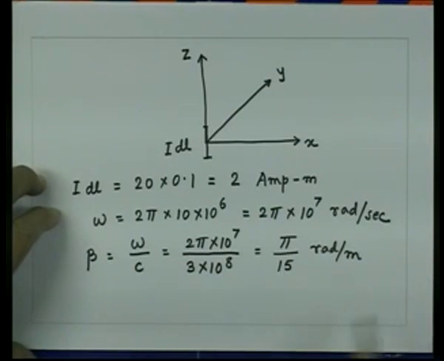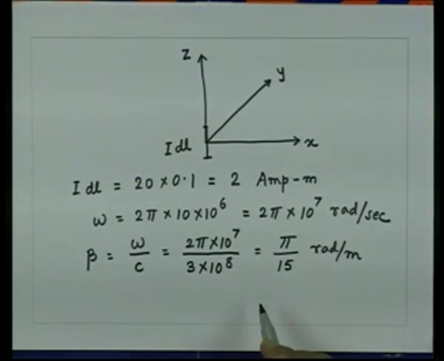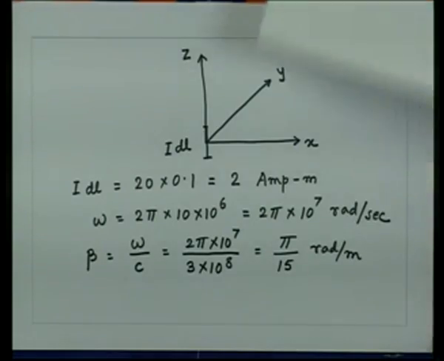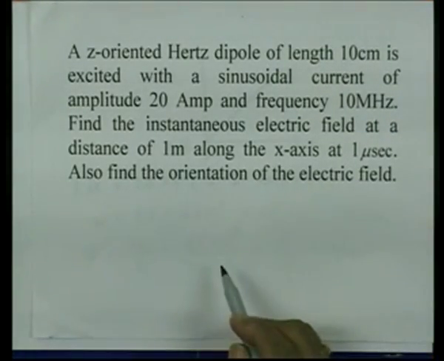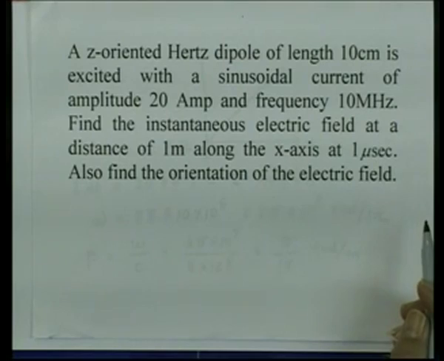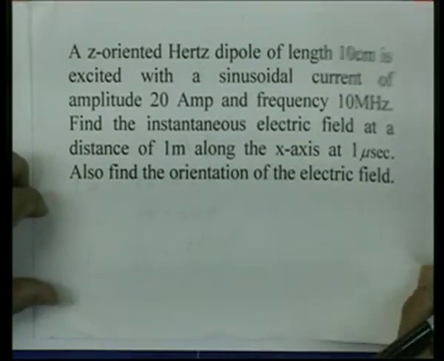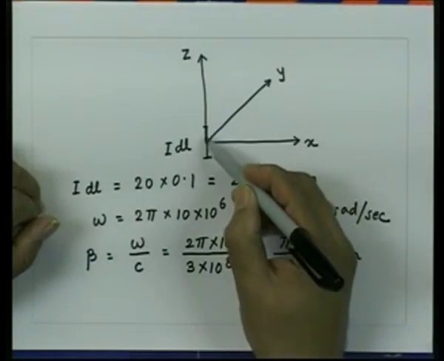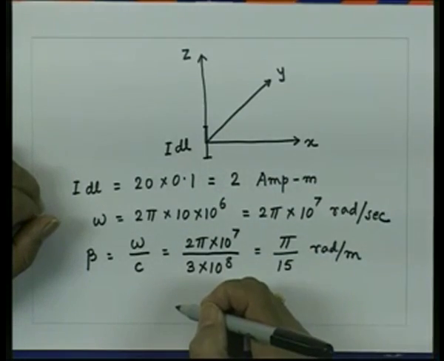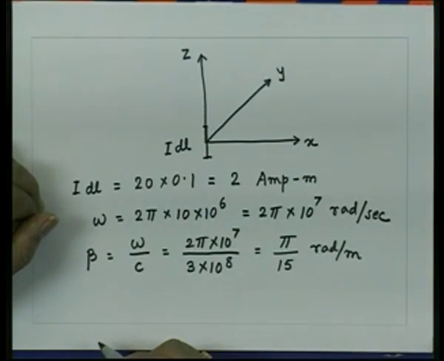and the distance r is given as 1 meter from the antenna at a time which is 1 microsecond. So, here we assume that at t equal to 0 the current is maximum in this Hertz dipole and it will be flowing upwards.